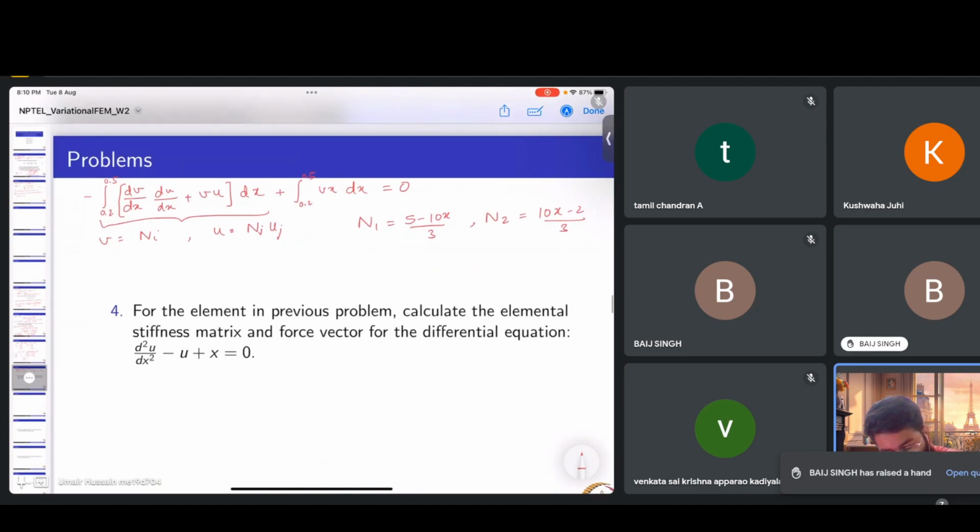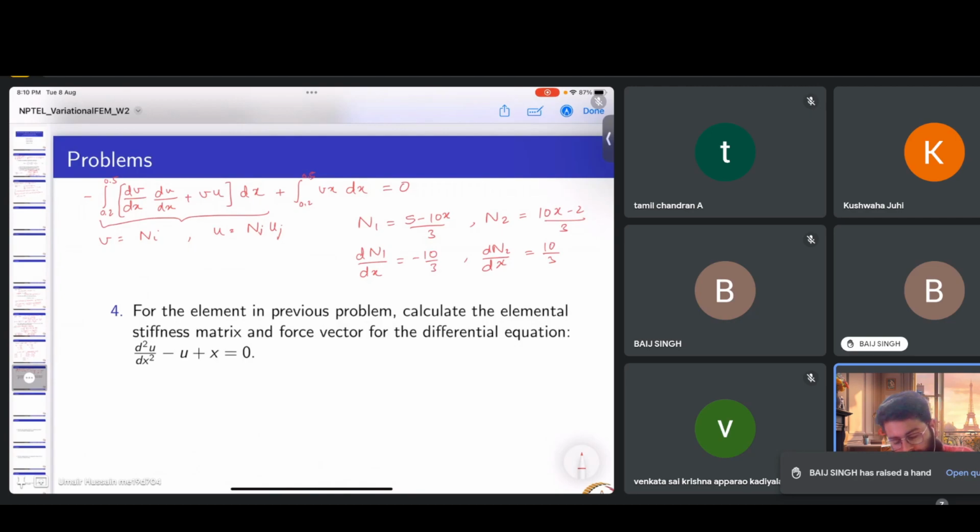What would be the derivative? dN1 by dx would be minus 10 by 3, and dN2 by dx is 10 by 3.